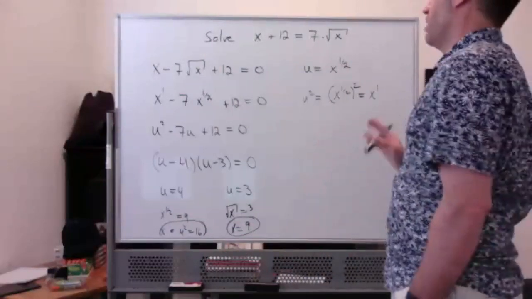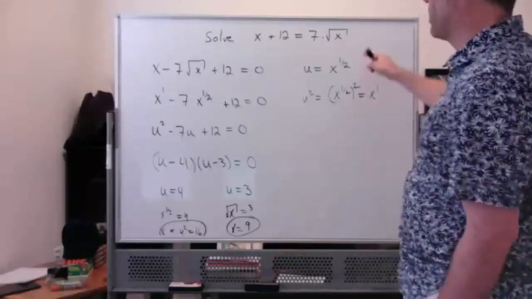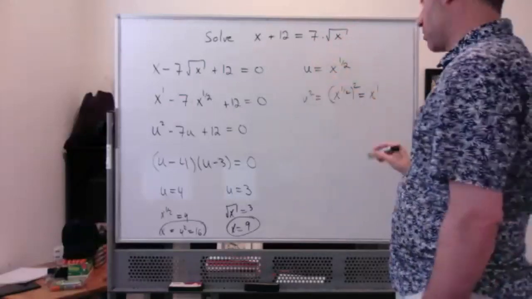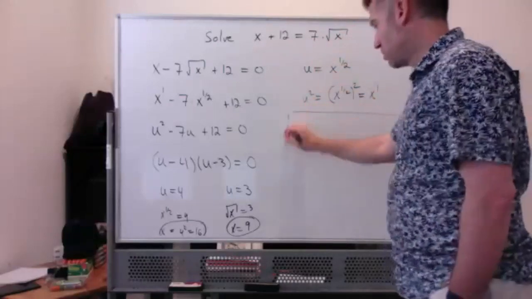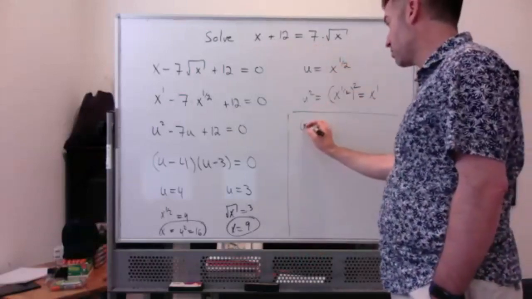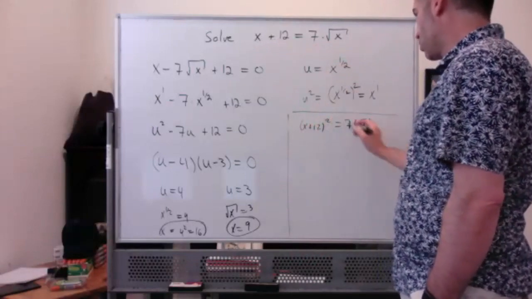I will mention, because you might have seen this in Math D, another way of solving this equation would be to square both sides. Not that we're really going to cover that, but you could square both sides: x plus 12 quantity squared equal to 7 times root x quantity squared.